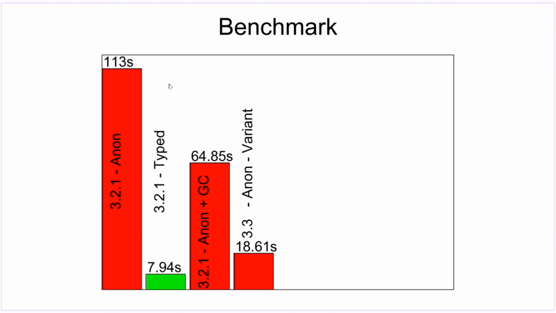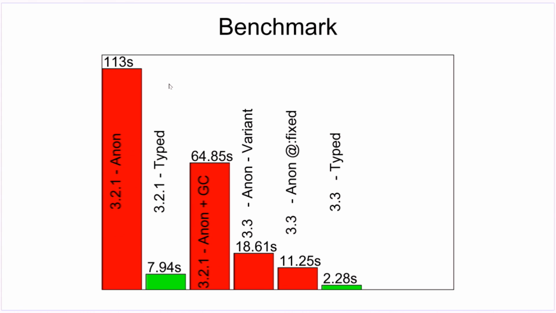Now in 3.3, when I moved the anonymous structure to the variant structure, it's gone down to 18 seconds, so this is another 3-fold improvement over what it was in 3.2.1. And if you add the fixed metadata, it goes down to 11, which is like a 10x improvement on the original anonymous speed.